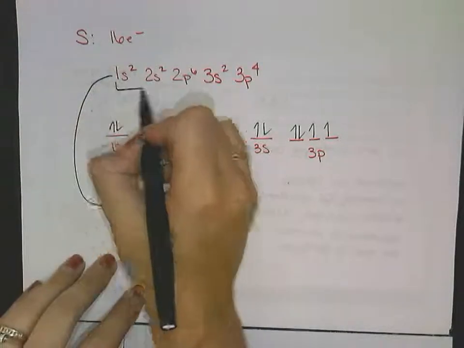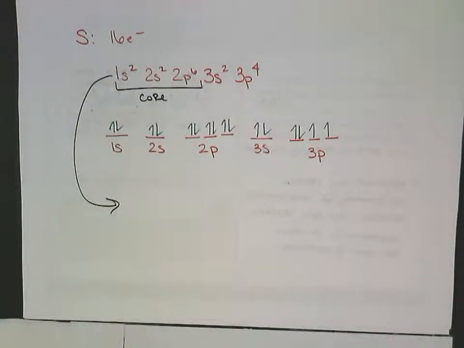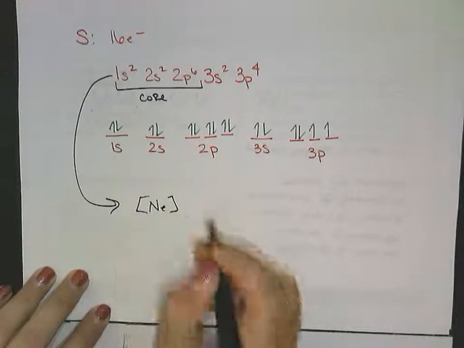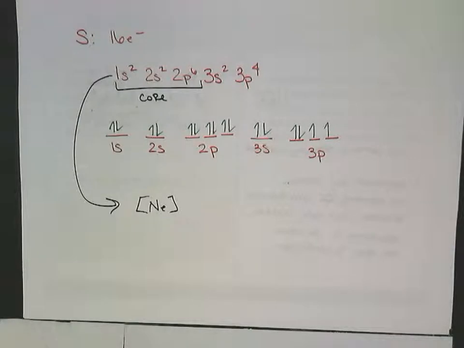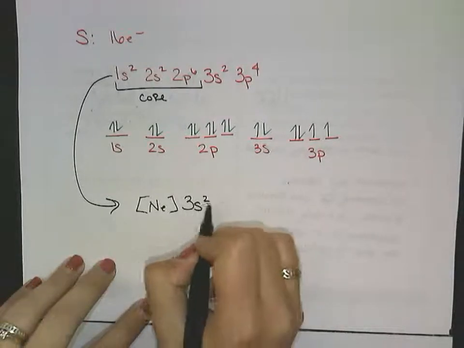How many electrons are in the core total? 10. What element has 10 electrons? Neon. So you put a bracket, you say start with neon. Skip ahead in the periodic table, start with neon. And then what makes this element different is that it's neon plus that much.